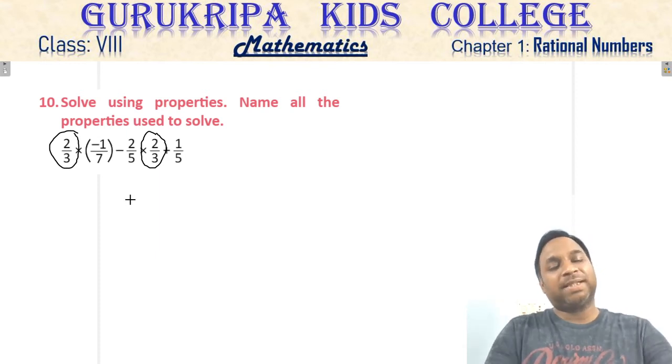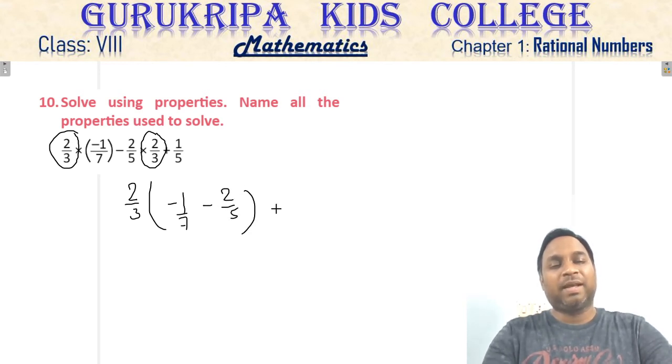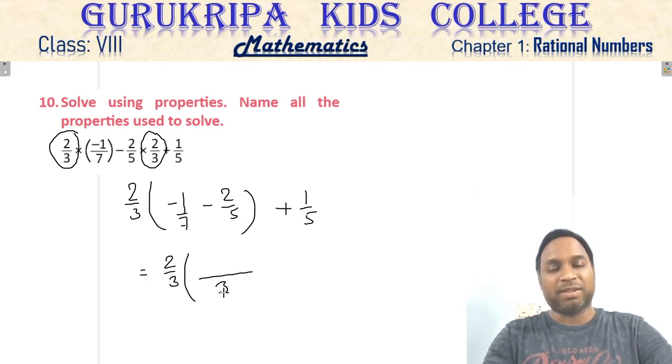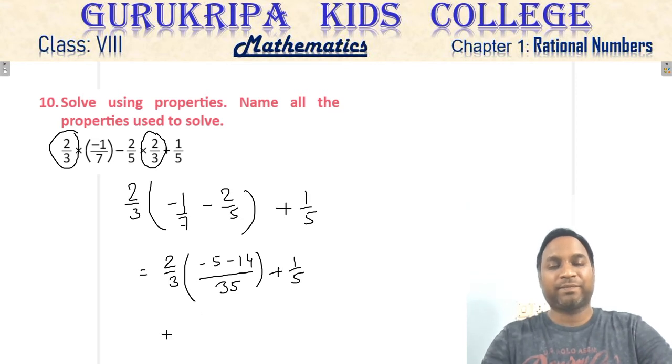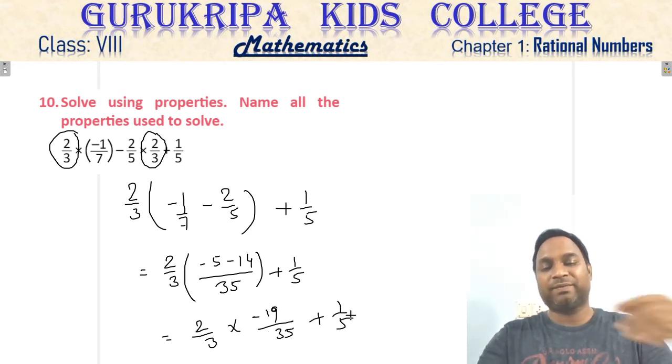So you can apply the distributive law to get 2 by 3 multiplied by minus 1 by 7 minus 2 by 5. And then finally you have to add 1 by 5 to it. What will you get? 2 divided by 3, LCM is 35, minus 5 minus 40, plus 1 by 5 is equal to 2 divided by 3 into minus 19 divided by 35 plus 1 by 5.